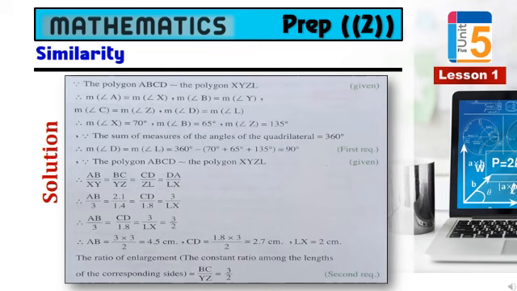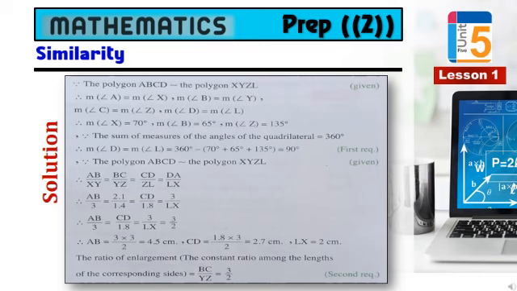And since the polygons ABCD is similar to the polygons XYZL, then AB over XY equals BC over YZ equals CD over ZL equals DA over LX. Now, by substitution of the given side lengths, we can get the others. Then AB over 3 equals 2.1 over 1.4 equals CD over 1.8 equals 3 over LX.